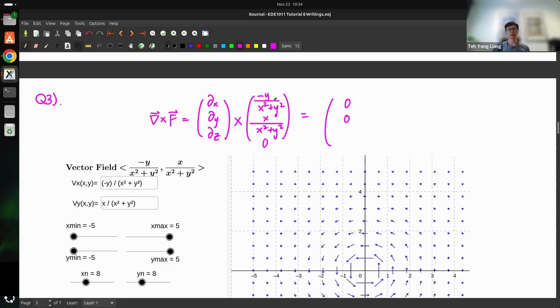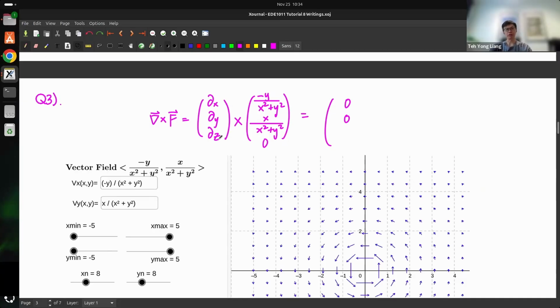It's pretty obvious that if you cover this first row, you take del y of 0. Del y of 0 is 0. Then del z of your vector field, only containing x and y terms, is also going to give you 0 when you differentiate with respect to z. So it's clear that these will be 2 zeros.